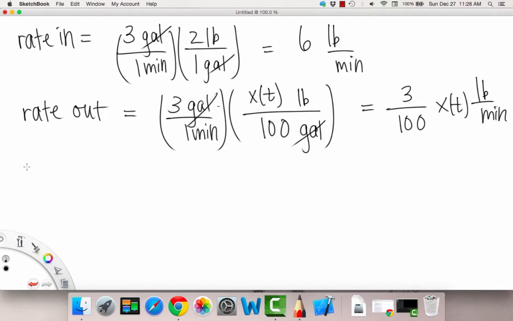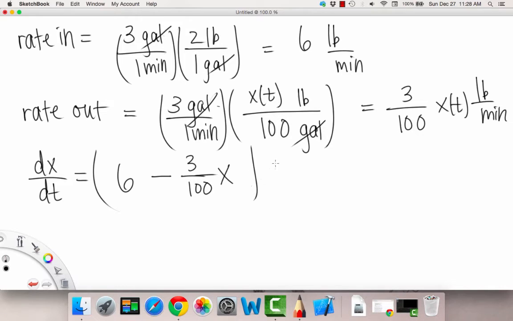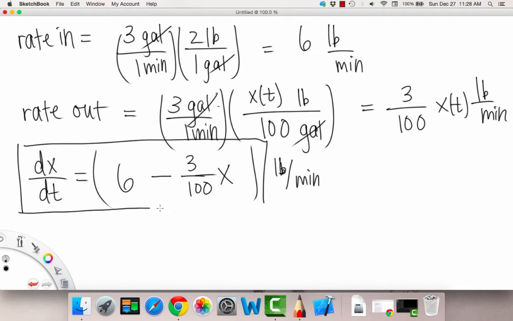All right, so when we put these together and blend them into our differential equation, dx/dt is equal to 6 pounds per minute minus 3/100 x, and these are all pounds per minute, okay? Pounds per minute here. So this thing here is our differential equation that we're going to solve, all right?